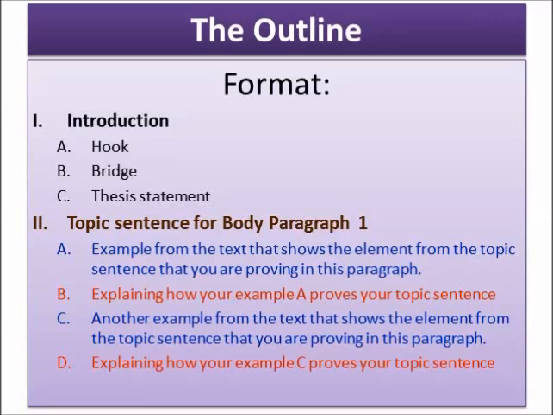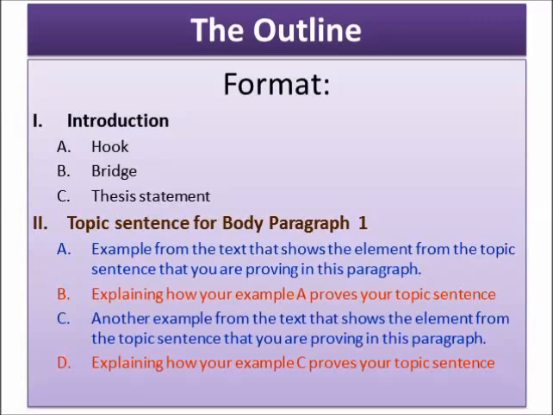Item A is an example from the text that shows the element from the topic sentence that you are proving in this paragraph. Then B explains how your example A proves your topic sentence to be true. Item C is another example from the text that shows the element from the topic sentence that you are proving in this paragraph.